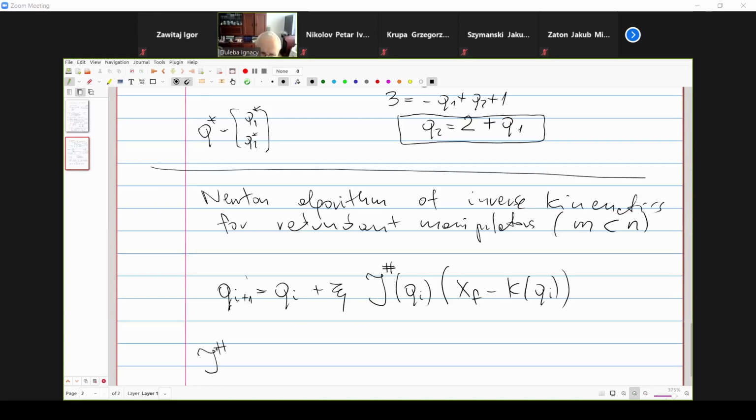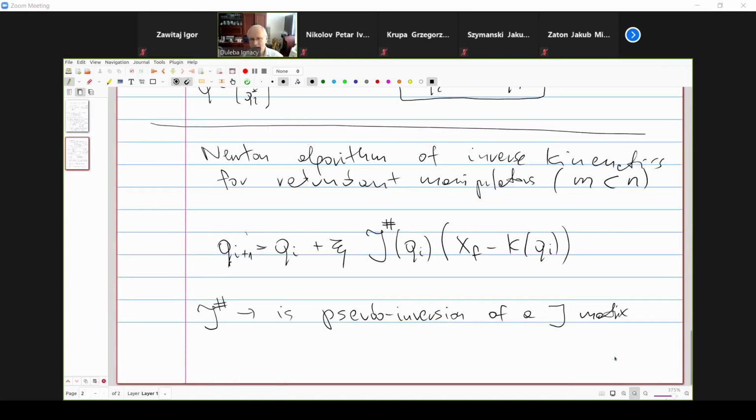J hash is the pseudo inversion of the J matrix.